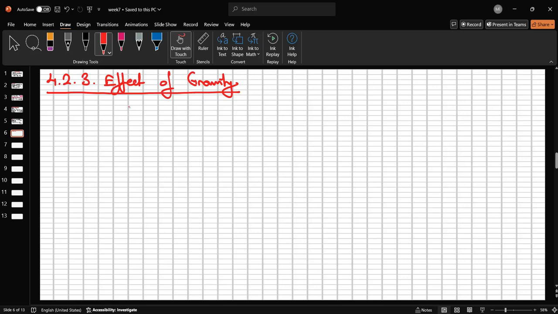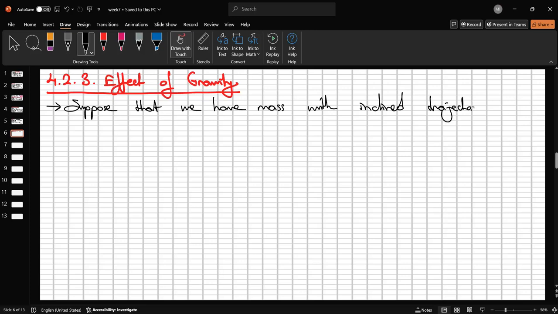In order to define it, we just write the two conditions in here. Suppose that we have a mass with an inclined trajectory, just like this one.